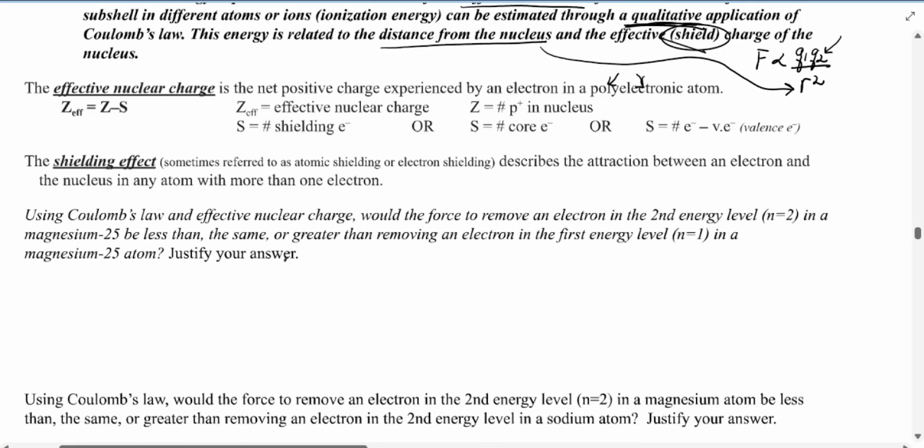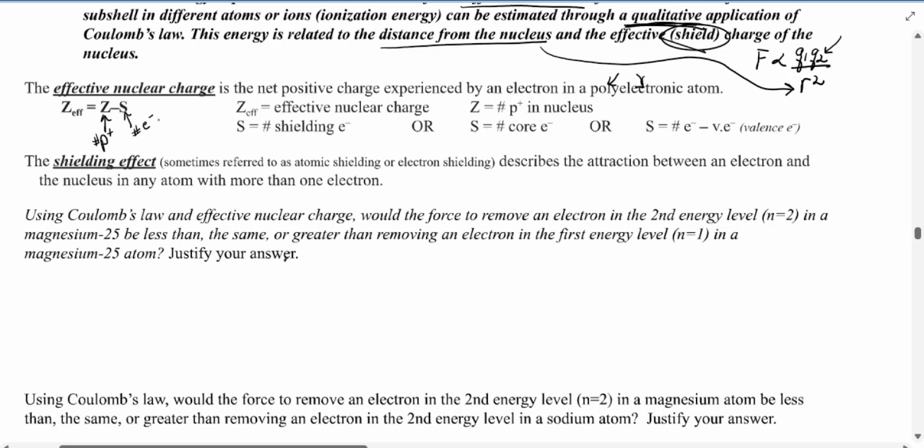So this is how you would calculate it. Your effective nuclear charge is the nuclear charge that the outer electron is experiencing from the nucleus. Z is the number of protons in your nucleus, and S is your shielding electrons, or the number of electrons. We're going to call them core electrons, but they don't technically have to be core.